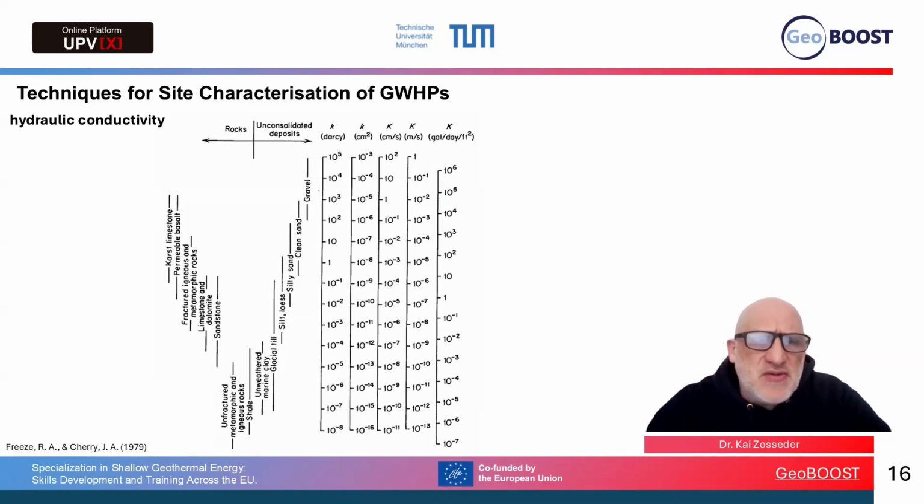In consolidated rocks, so normally hard rocks, you also have differentiation in the hydraulic conductivity, of course. There, the hydraulic conductivity is mainly caused by fractures and karstification. Of course, you can also have matrix porosity, but in general, karstification and fractures, as I said, are very important.